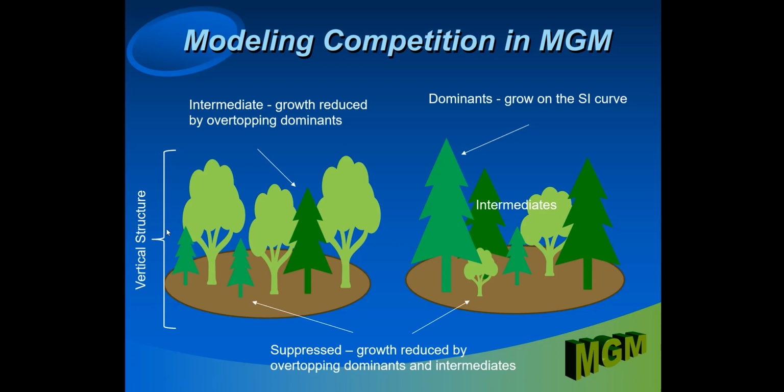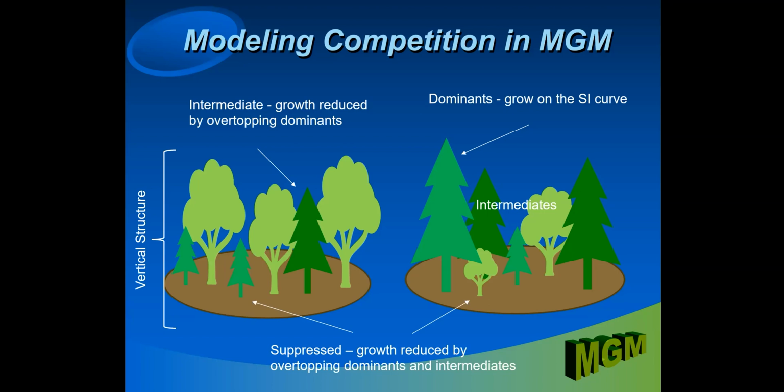So in this case, this spruce will be overtopped by aspen. And in MGM, the spruce-fir, the aspen, and the pine have 3 competition indices, and these coefficients are what we use to adjust the growth.